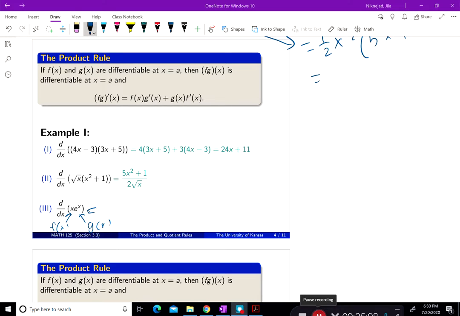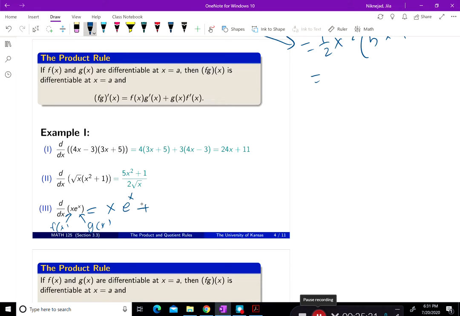So f times the derivative of g of x, which is going to be the derivative of e to the power x. If you remember, it was e to the power x times natural log of e, which is 1. So it's going to be e to the power x.